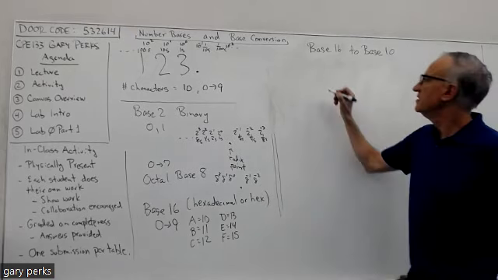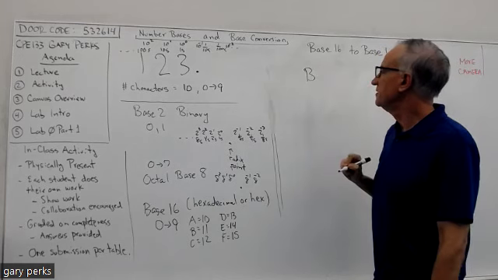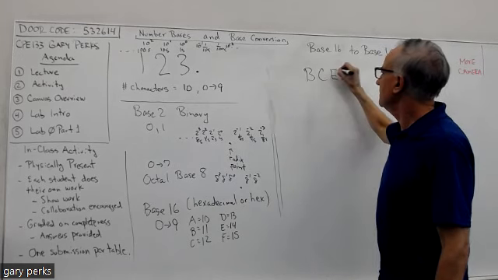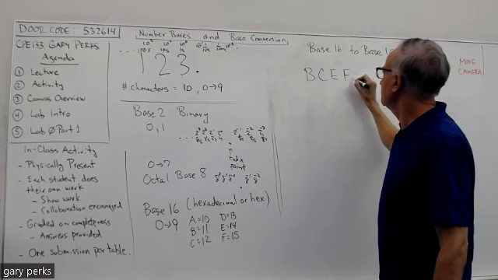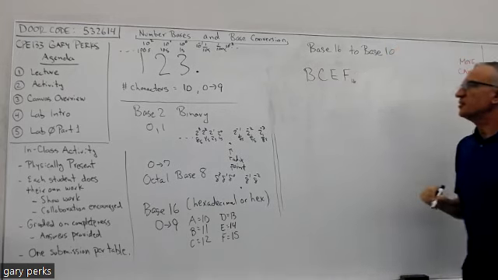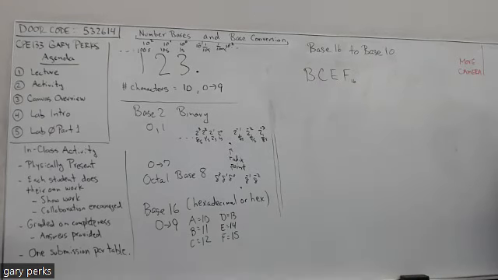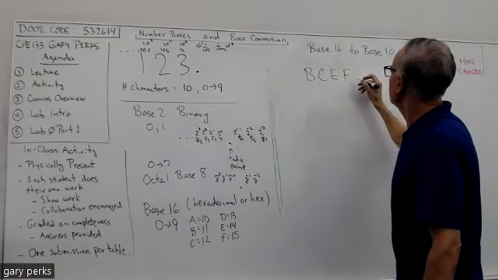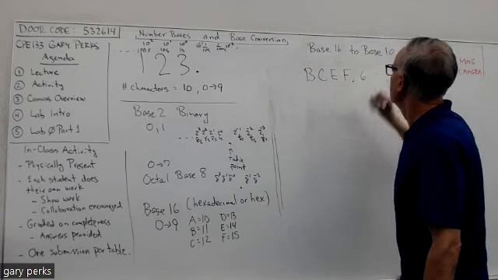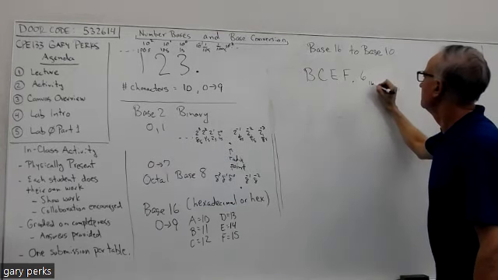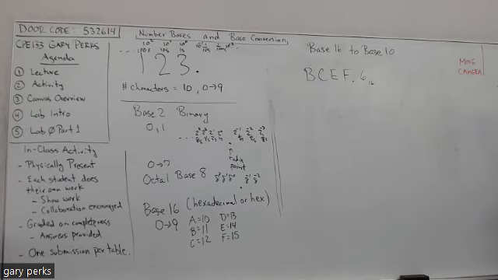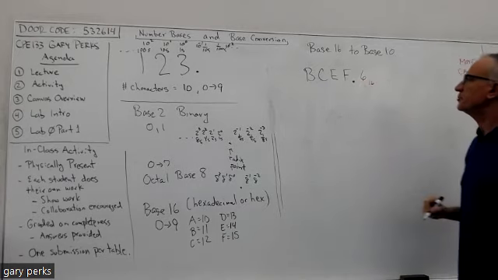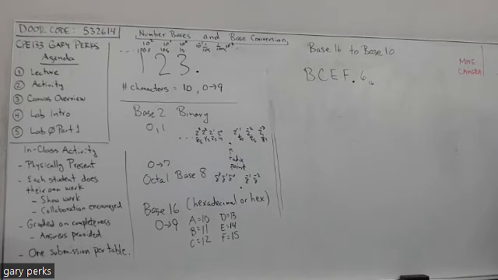Okay, D. Okay, then what? C. Yeah. So E, E, F. Okay, we'll do that. So that's our base 16 number. We want to convert it to base 10. And then also let's put a decimal. Let's do like decimal 6. Okay, so we want to take BCEF.6 and convert it to base 10.